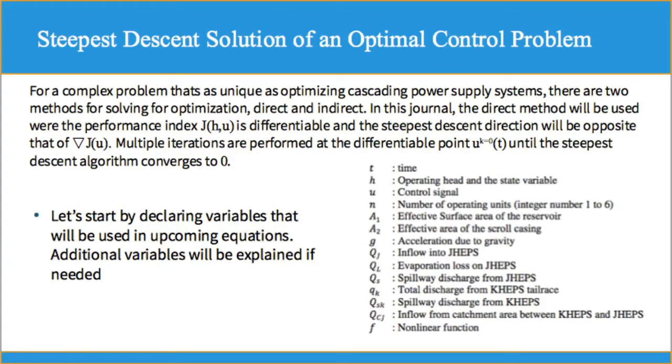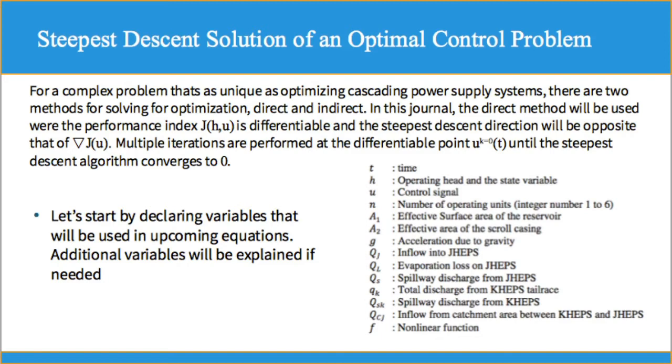Alright, so now that we know the issue at hand, we can start applying some mathematics to attempt to maximize or optimize the control system of these two hydroelectric power stations. First, we'll want to start to declare some variables. Most importantly, though, we'll want to create this performance index function called capital J of H of U. It's going to be a nonlinear differential equation, and we are concerned about the gradient of this performance index.